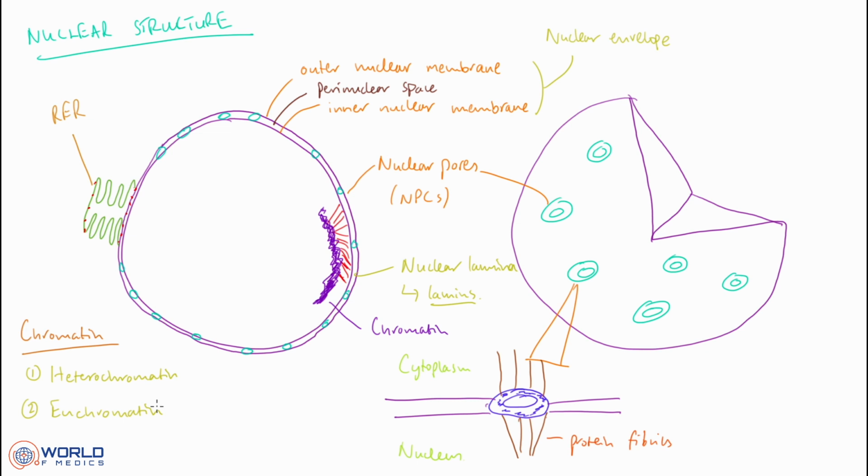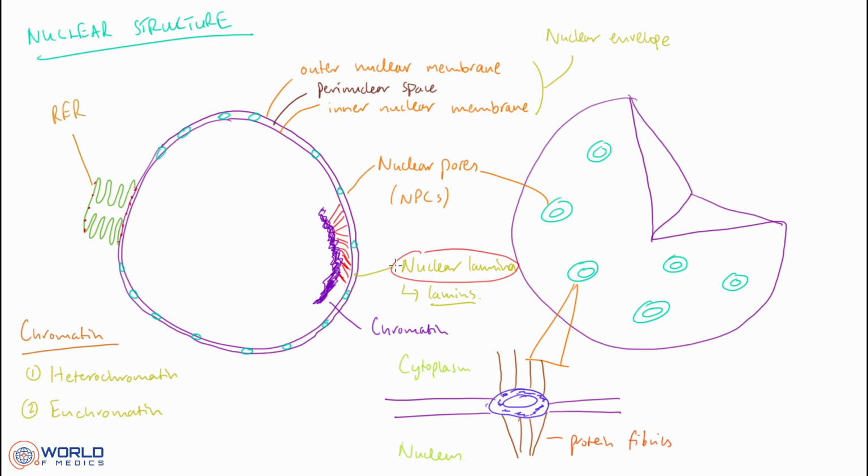Well, this chromatin, which is attached to the nuclear lamina, so remember the nuclear lamina here, this chromatin is actually heterochromatin. The heterochromatin is more densely packed, more densely coiled, and therefore has a darker appearance.